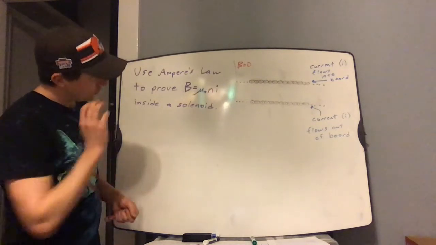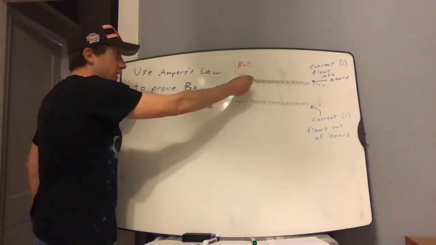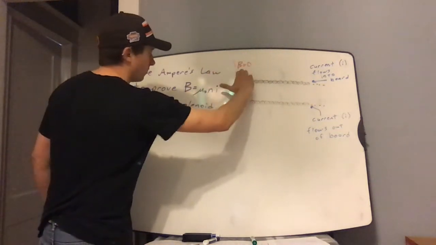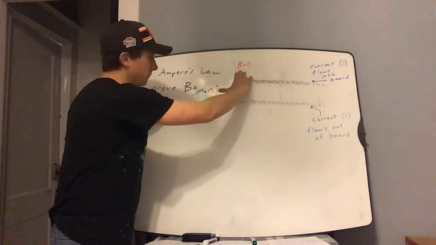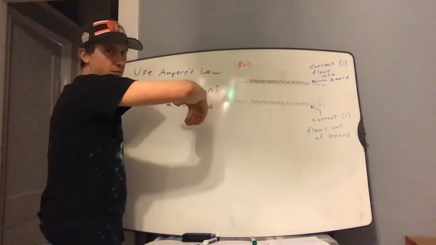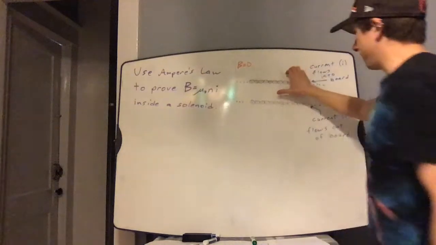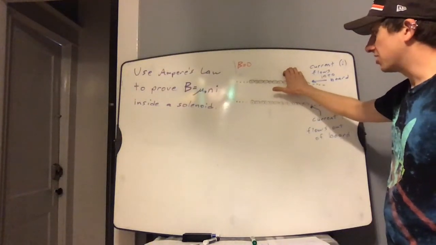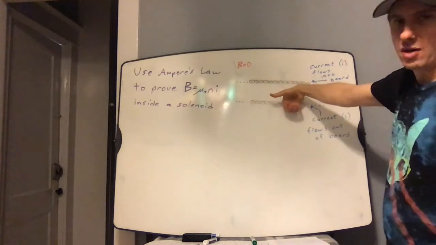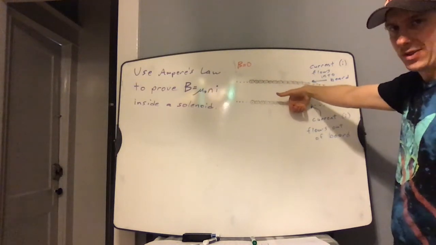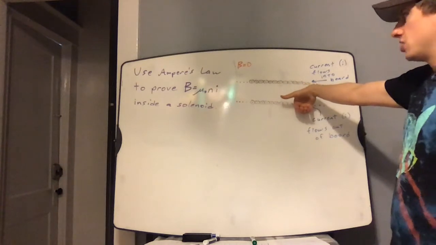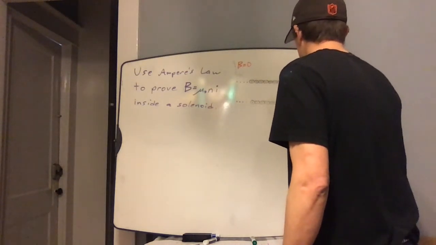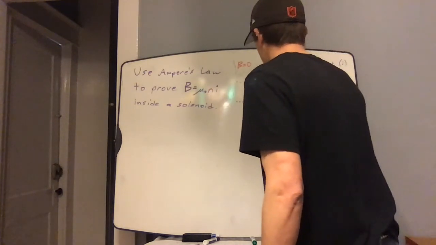Now, I know that the current is flowing into the board up top and out of the board down below. So if I curl my four fingers into the board above and then out of the board below, when my four fingers are above my thumb and into the board, my thumb points to the left. When my four fingers are below my thumb and coming out of the board, my thumb points to the left. So the direction of the magnetic field inside the solenoid is pointing to the left, like so.